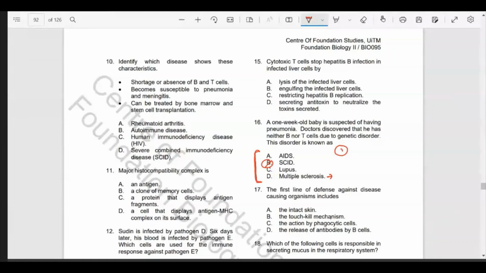Okay, that is immunodeficiency. Immune deficiency, kekurangan. So kekurangan maybe dari segi kalau in this case is lacking. The baby doesn't have any B or T cell.